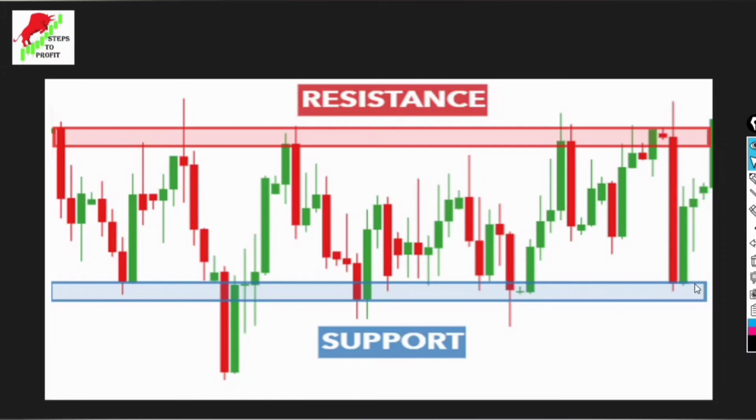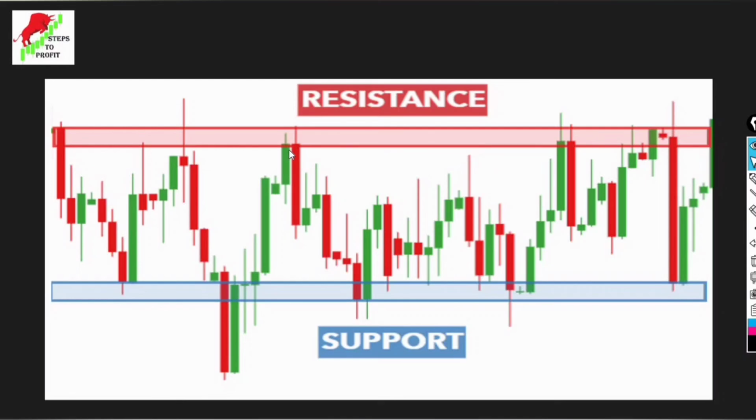While in the case of resistance, at the resistance level, the price of a security has increased and demand has decreased. So here you can see price has increased over here. At this point, sellers come into the picture and sell that particular security, forming selling pressure.